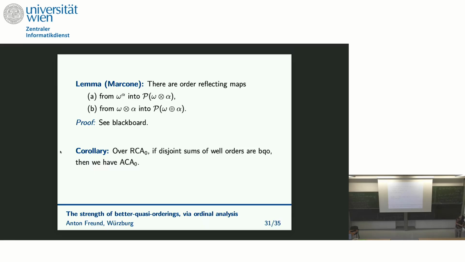So we want to map an element of omega to the alpha, and this has the form omega to the alpha 1 plus other exponents plus omega to the alpha n, so one of these formal Cantor normal forms. So what do we map it to?